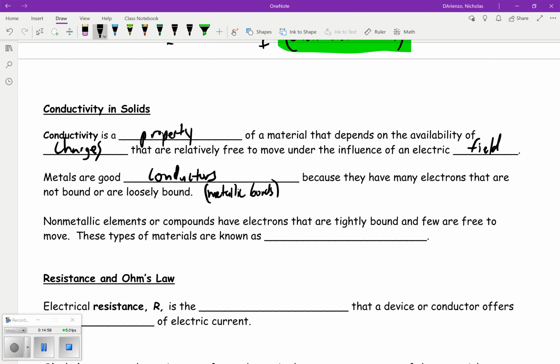They're very readily going to give up their electrons. Now, non-metallic elements or compounds have electrons that are really tightly bound to the atom and have very few that are free to move around. And since they don't have a large availability of electrons, we call these materials insulators. They insulate the flow of electric current.